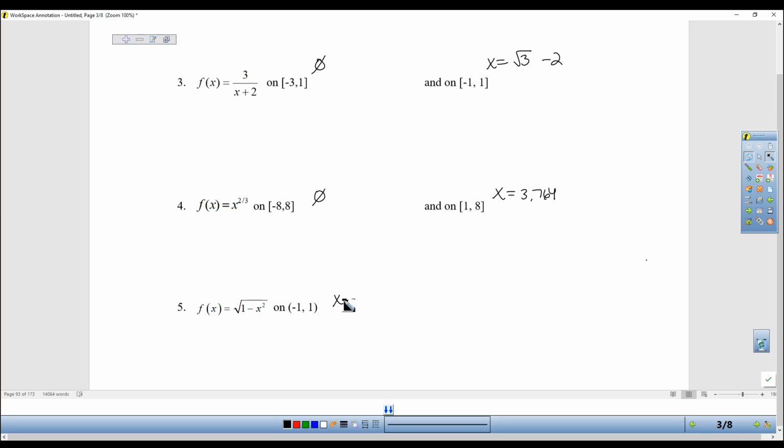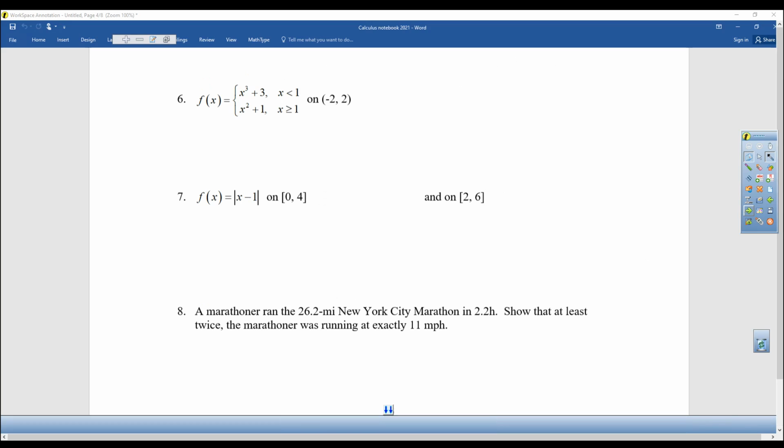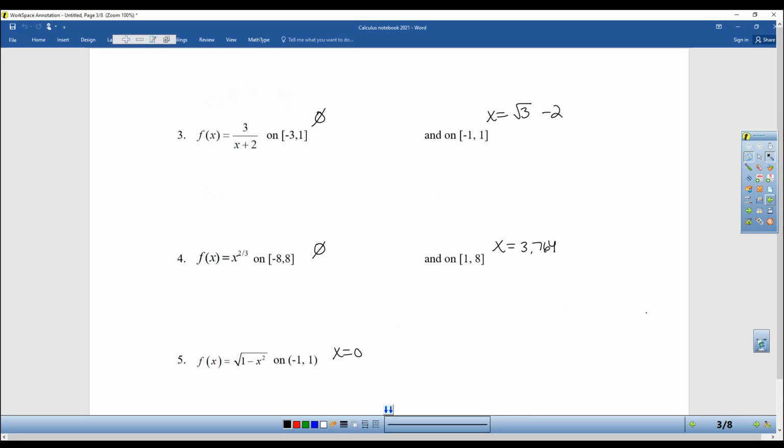On this one, x is equal to 0. On number 6, the mean value theorem does not apply. It does not apply on the first part of number 7. And on this one, the slope is equal to 1 at every point. All right, so if you wanted to write down those answers or screenshot them, there you go.